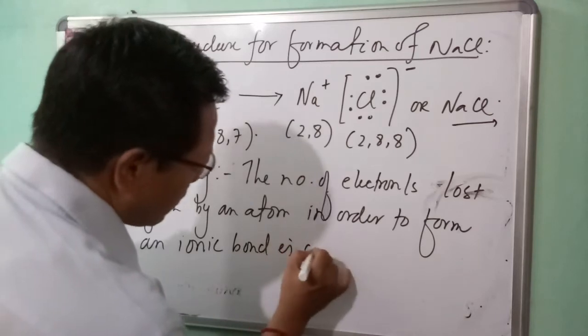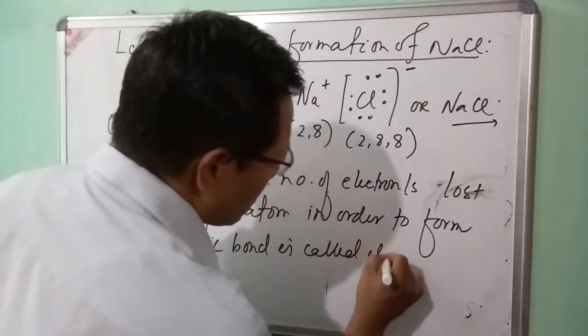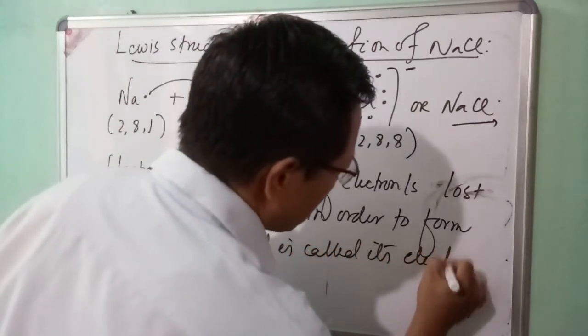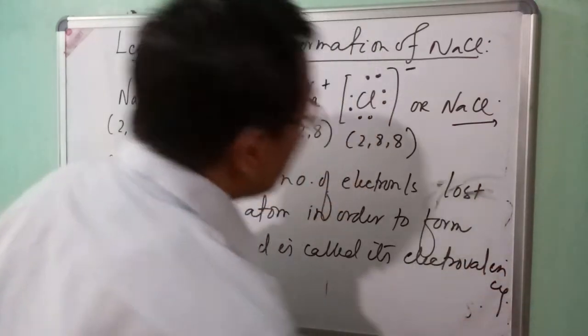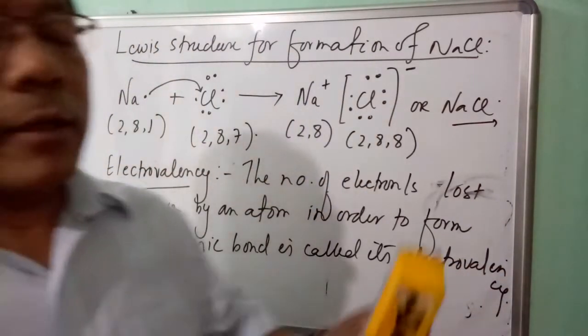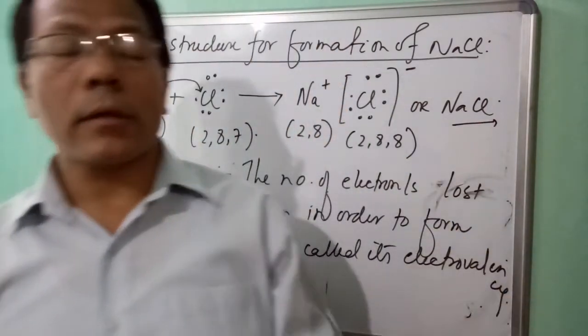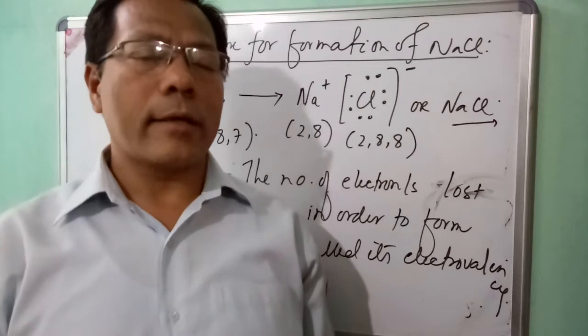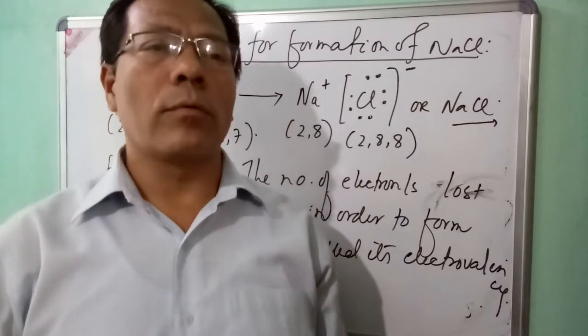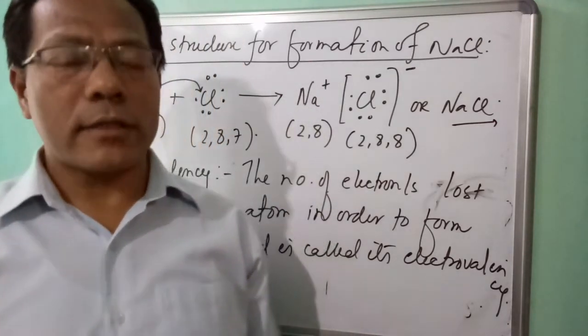The number of electrons lost or gained by an atom in order to form an ionic bond is called its electrovalency.